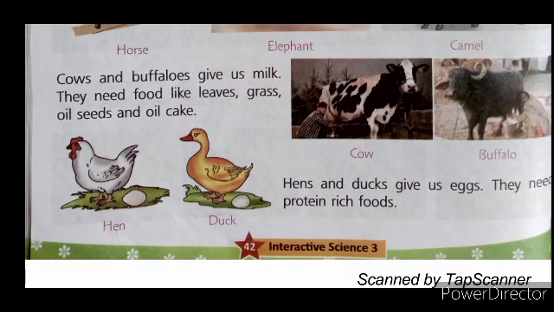Cows and buffaloes give us milk. They need food like leaves, grass, oil seed and oil cake. We are getting milk from where? Yes, we are getting milk from cows and buffaloes. So cow and buffalo are also called milk giving animals.